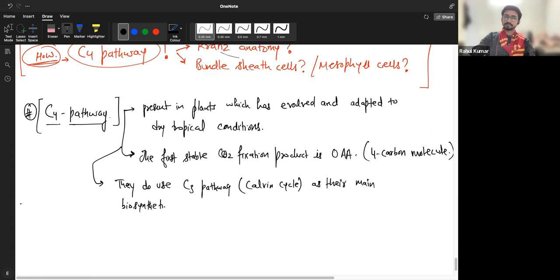So the point is, the main biosynthetic pathway of even C4 plants is the Calvin cycle only.